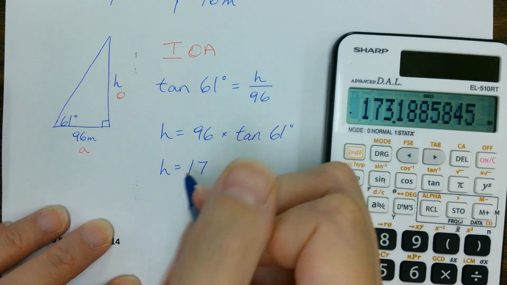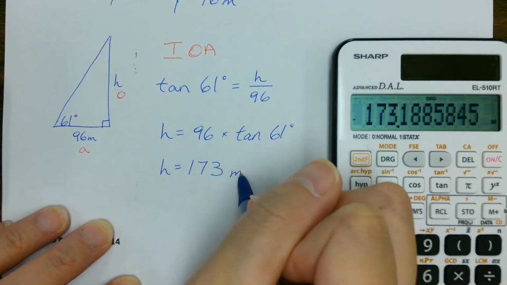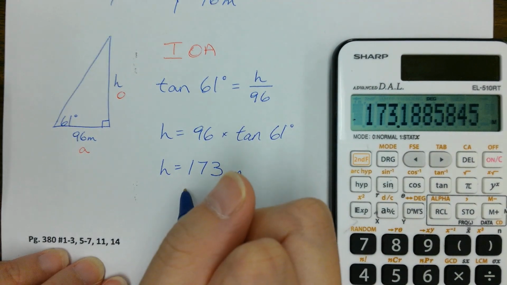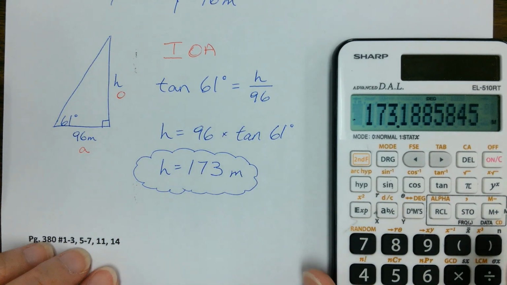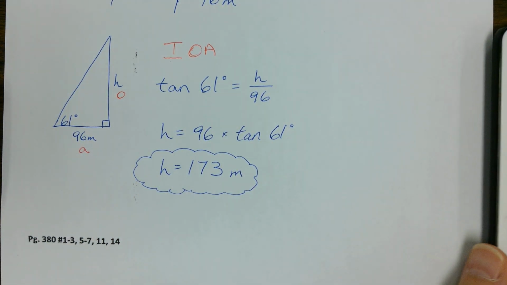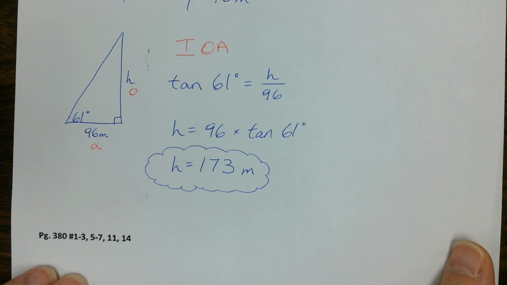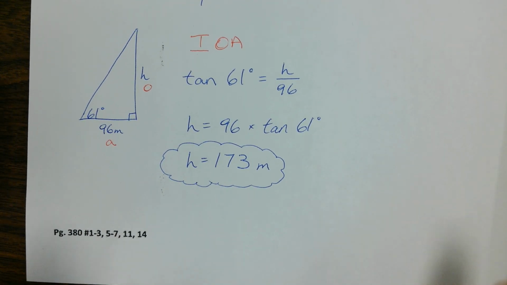So therefore, the height of the cliff, 173 meters tall. Okay, so not that much harder. It's just you have to look at the diagram carefully and then figure out how to do SOHCAHTOA once or twice before you get the answer.